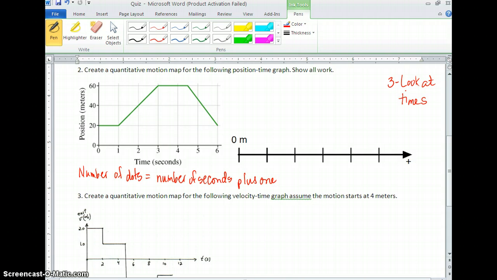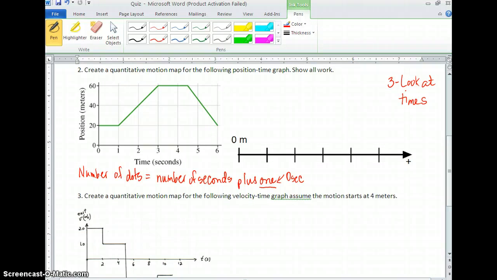And why do we think 1 additional dot? We have 1 additional dot because we have to show that at 0 seconds it had a starting point.